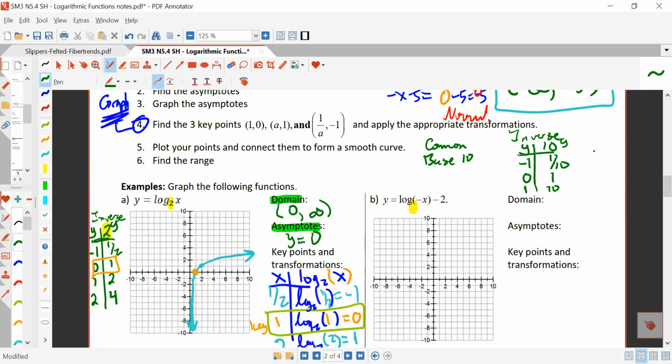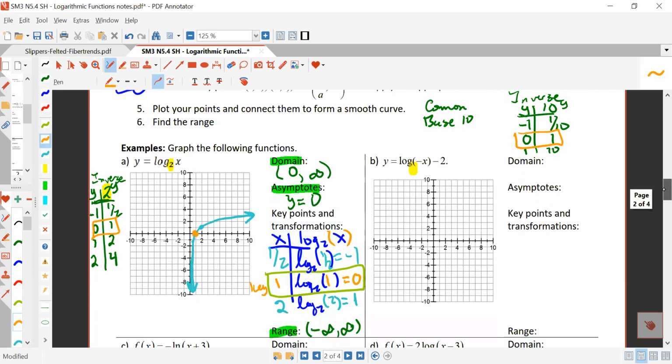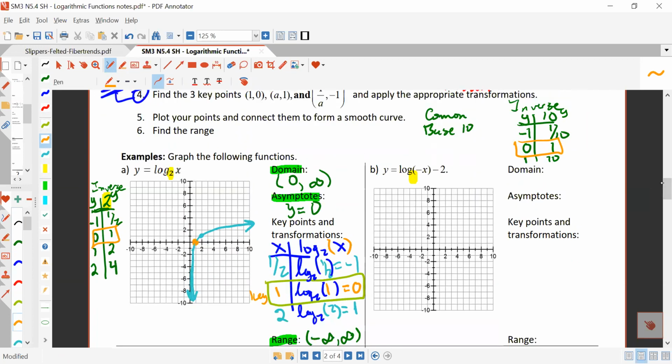So let's see. Key point is that point right there, the one in the middle, the 0 and the 1. So let's build my set. Notice on this set, I am doing some changes to my original set. So log of negative x, minus 2.